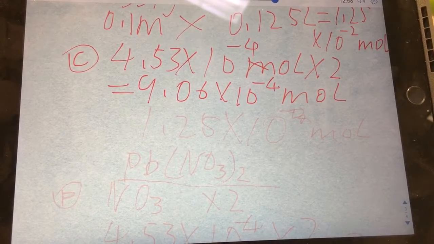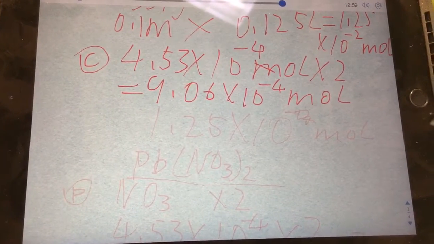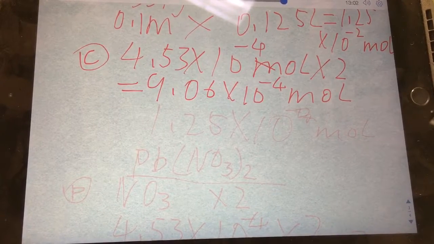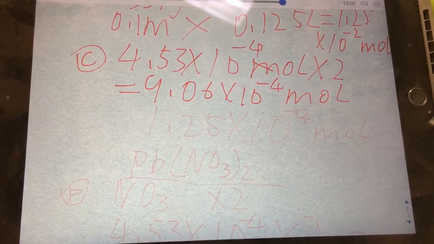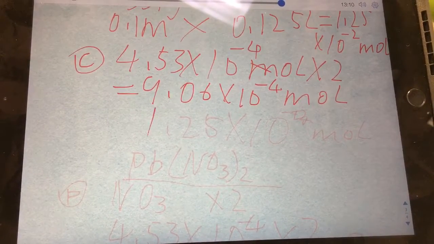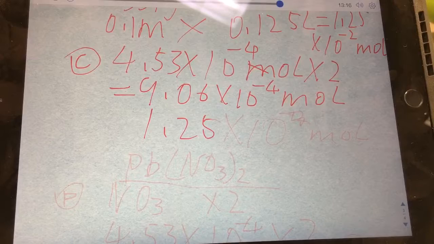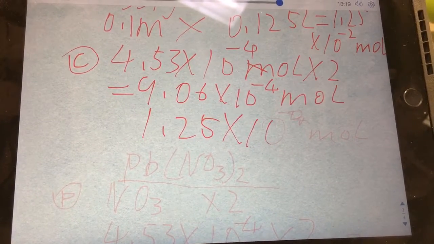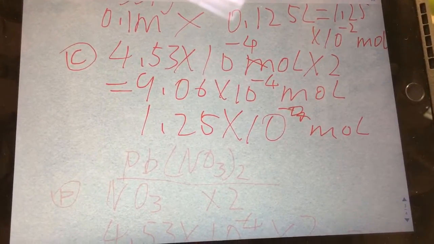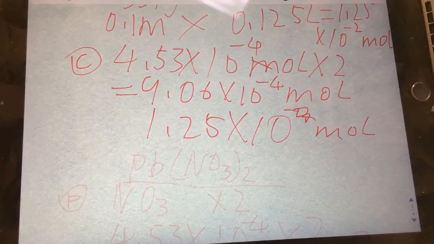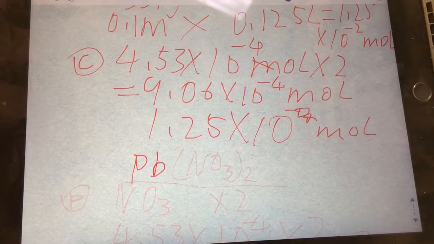And from the material given, we only have 4.53 times 10 to the negative 4 moles of lead nitrate, which is lower than the amount needed to react with 1.25 times 10 to the negative 2 moles of NaI. So the lead nitrate is the limiting reactant.